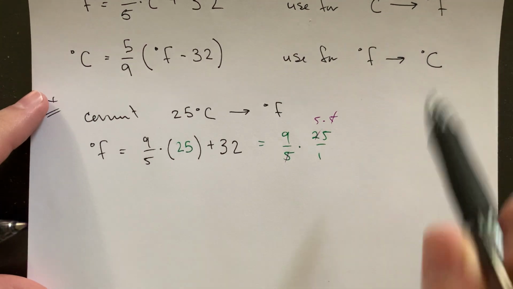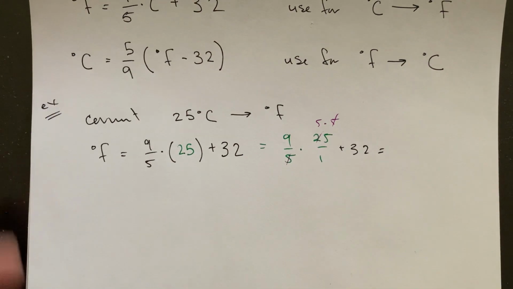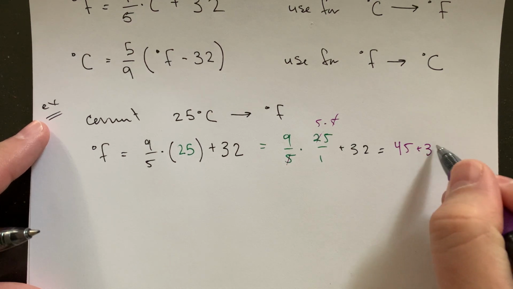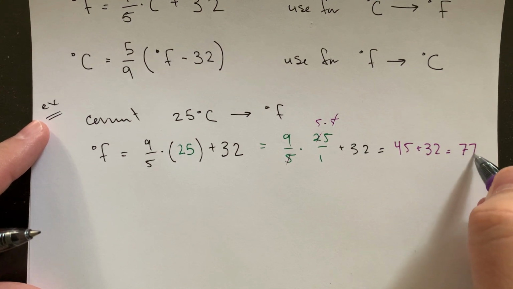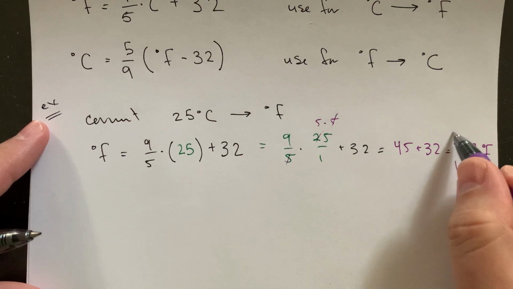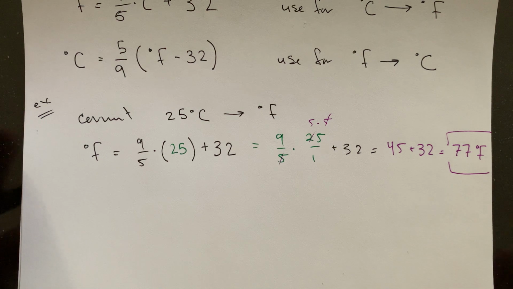So it'll be 5 over 1 times 9 over 1 and then plus 32. So that's going to be what, 45? Plus that 32, so this would be a nice, pleasant 77 degrees Fahrenheit.